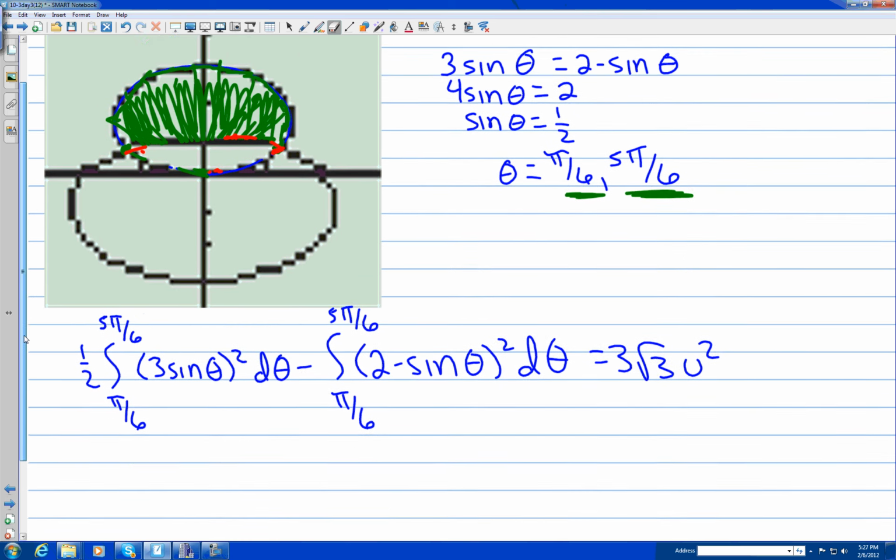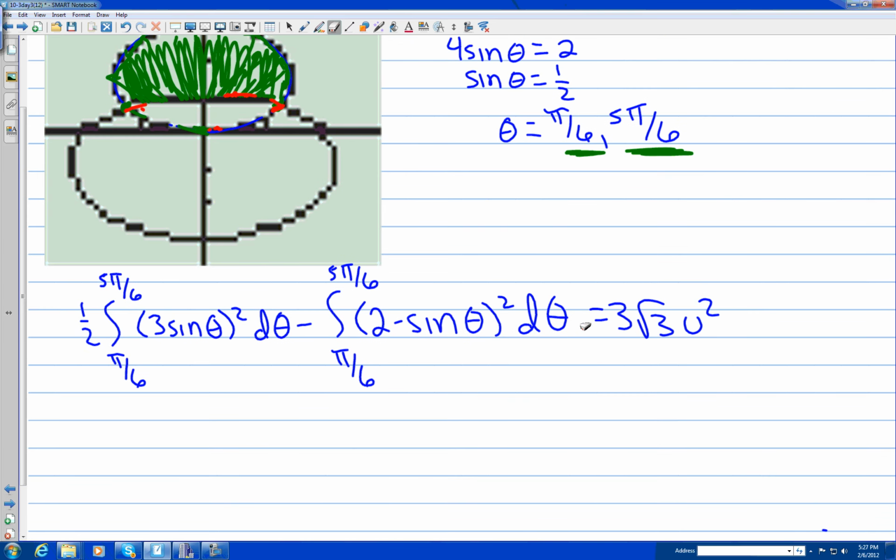And I'll tell you that the integration is just absolutely brutal. It's a mile long. So right now, take my word for it, it's going to be 3 square root of 3 units squared. Your homework isn't going to be nearly as long as this one was. But the setup is what we're interested in, and I trust right now that you can actually do the integral.